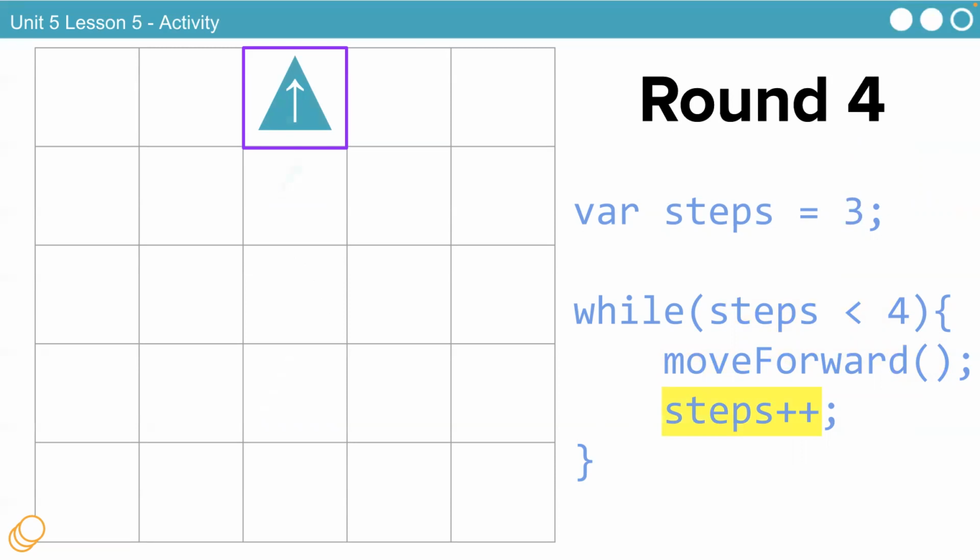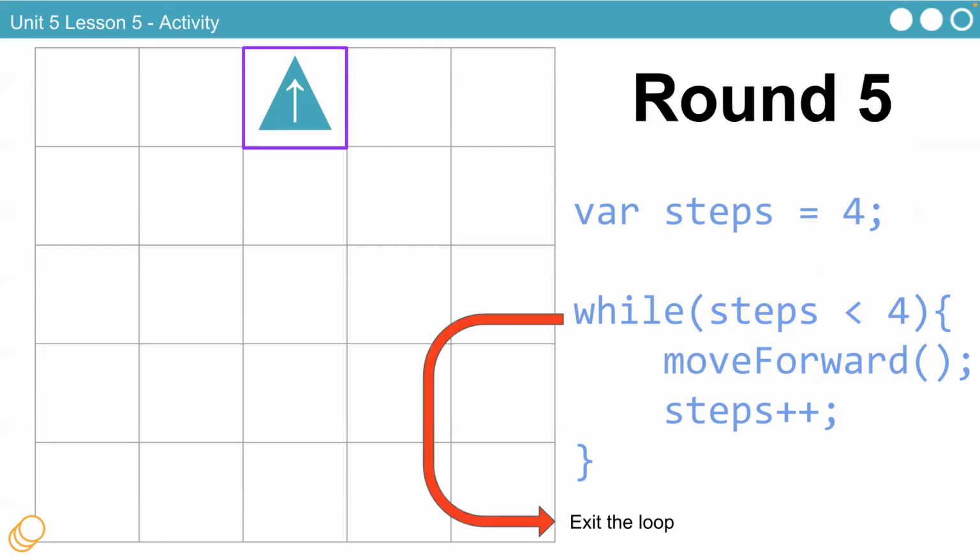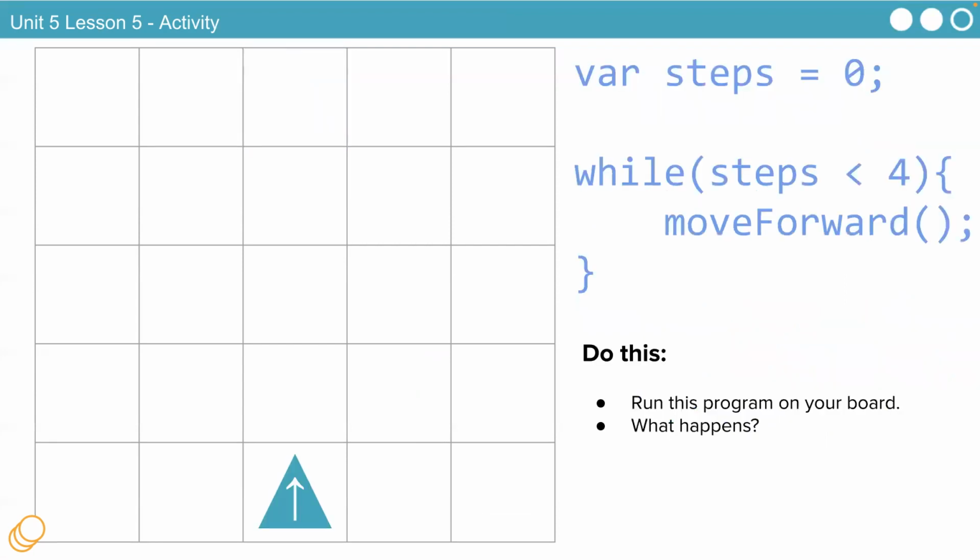Move forward, we add 1 to steps. Is 4 less than 4? Kind of a trick question, kind of not. It's false. So we're going to exit the loop. And then if there was more code, we would continue running the code.